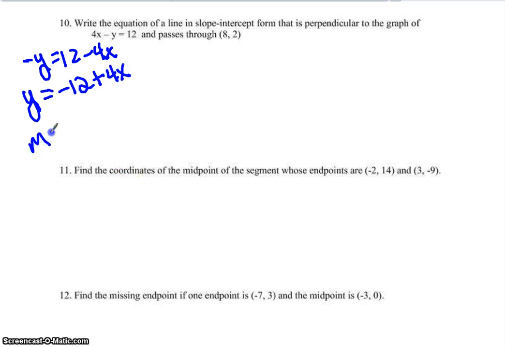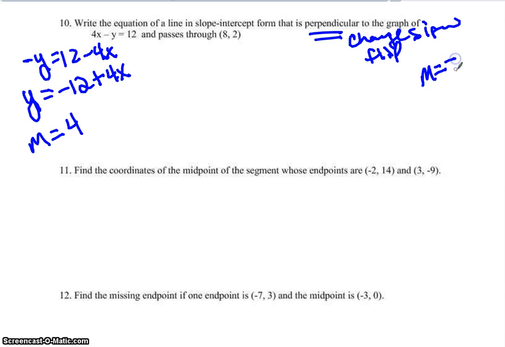All right, the slope of this is the number in front of x, which is 4. But if I'm perpendicular, I have to change the sign, and I have to flip the fraction. So the slope that I'm going to use, instead of positive, has to be negative, and instead of 4 over 1 is 1 over 4. So now use your point and the slope that we just figured out.